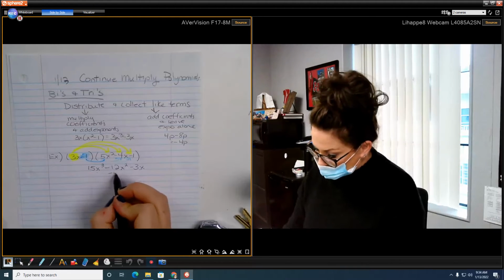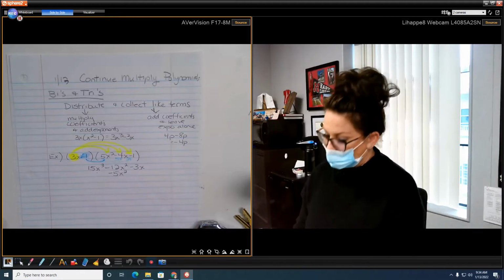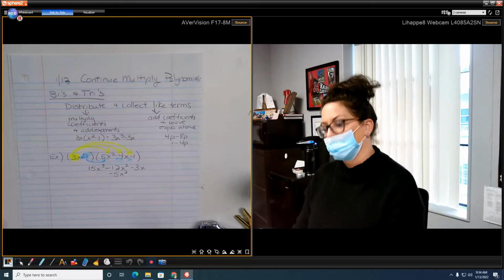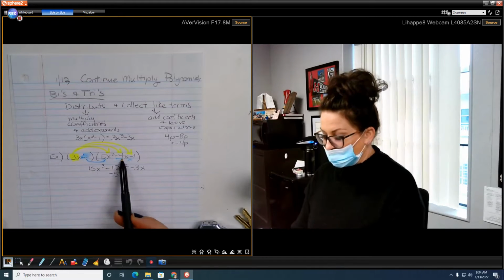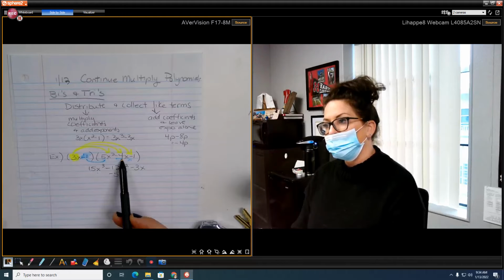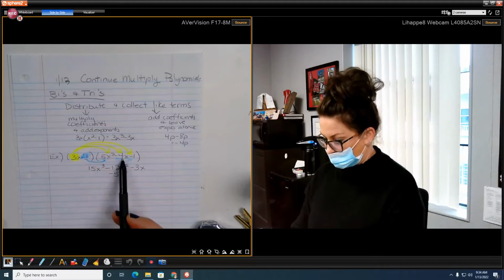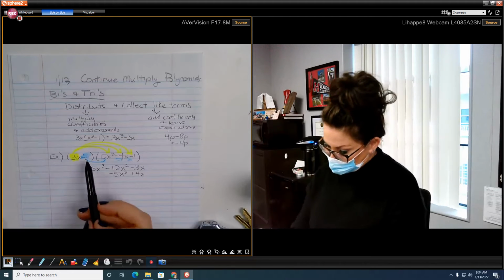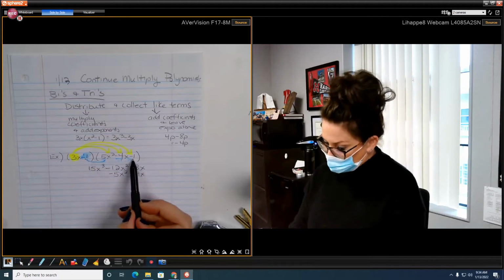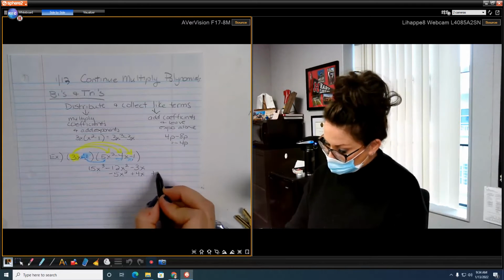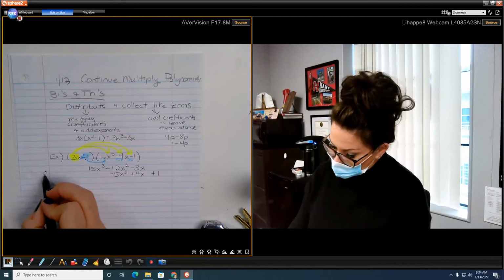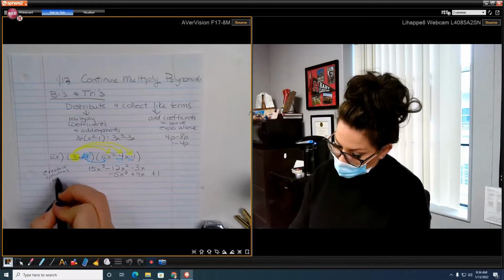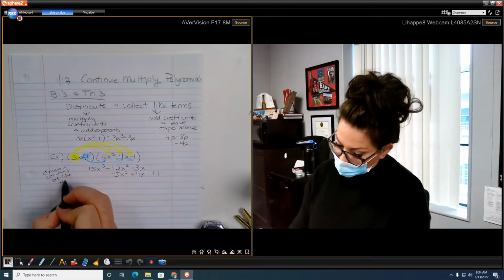So I'm going to put negative 5x squared underneath the negative 12x squared. I'm organizing myself as I go along. Negative 1 with a negative 4x, so we get positive 4x, and that's going to go underneath the negative 3x. Negative 1 with a negative 1, positive 1. And what I did here is I created columns of like terms.